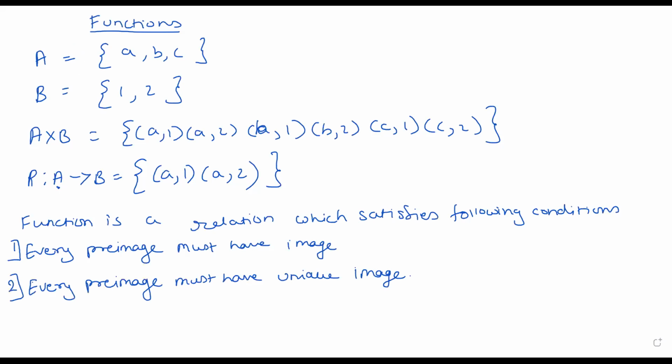So what do these two things mean? All elements of A are pre-images and all elements of B are images. So every A should have B, and every A should have a unique B.